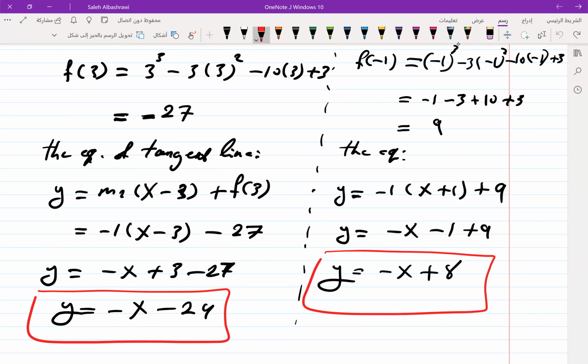So the equation of the tangent line at the second point is y equal to minus x plus 8. The first one was y equal to minus x minus 24. The second one is minus x plus 8. So these are the equations of the tangent lines which are parallel to the line y plus x equal to 5.